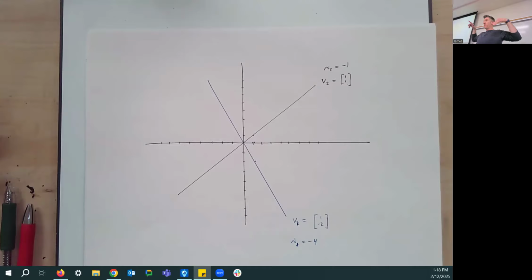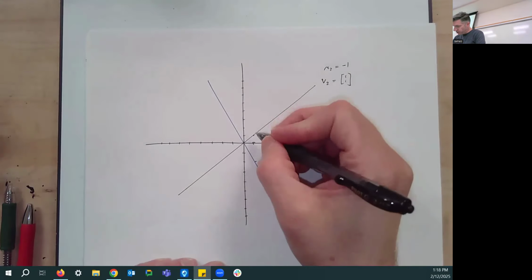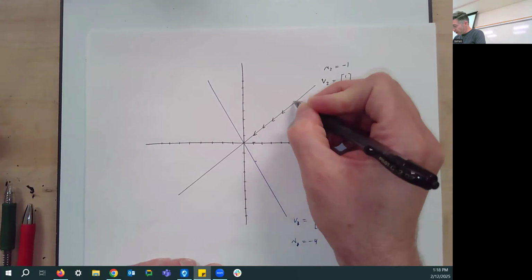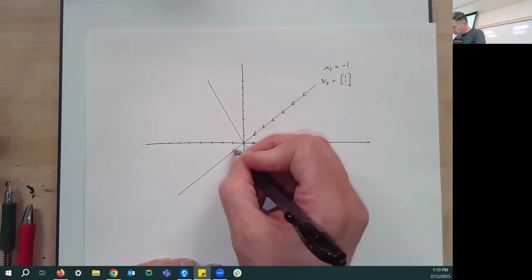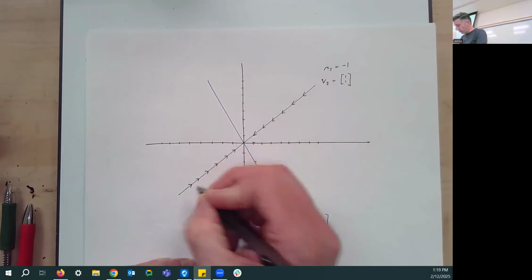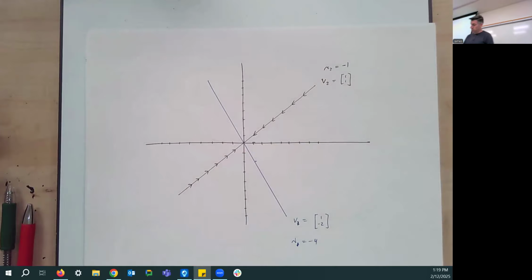You never veer from it. So all of your arrows either point directly in along the eigenlines if the eigenvalue is negative, or directly out if the eigenvalue is positive. Since both of these are negative, they're both going to point inwards.